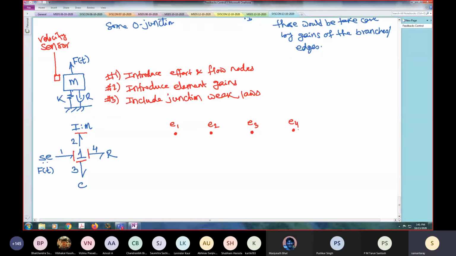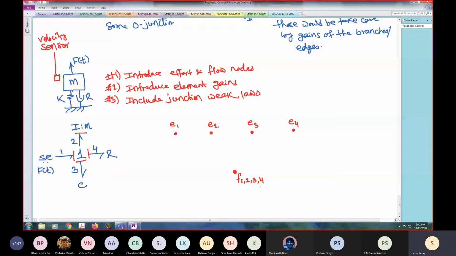So 4 efforts are there. Likewise, 4 flows are there. But this is a one junction, so flows are the same. Instead of writing 4 flows, I will just write one flow, for bonds 1, 2, 3, 4. That means flows in bonds 1, 2, 3, 4 are the same. So we introduced 4 effort nodes, and instead of 4 flow nodes, because they are equal, I just put one flow node.